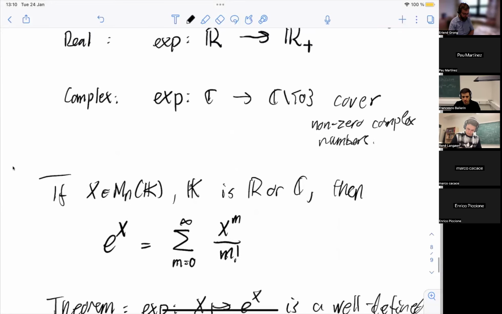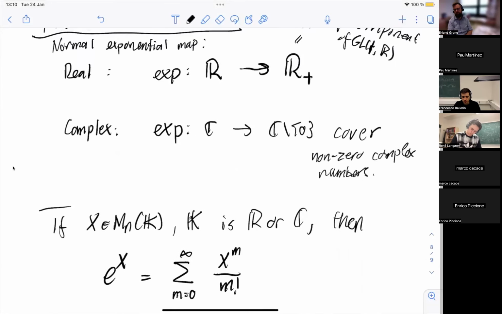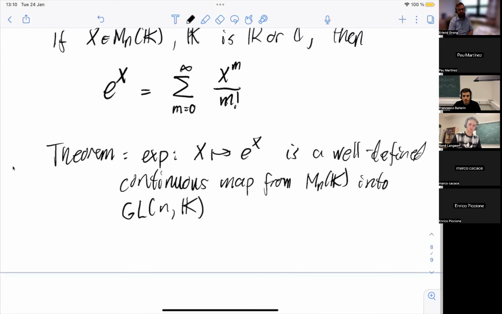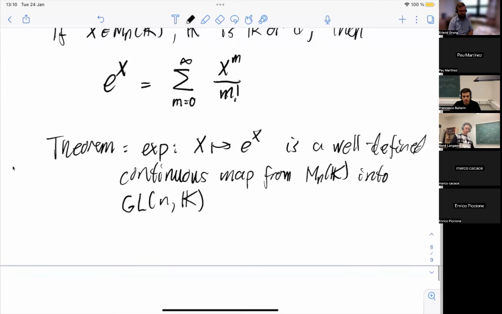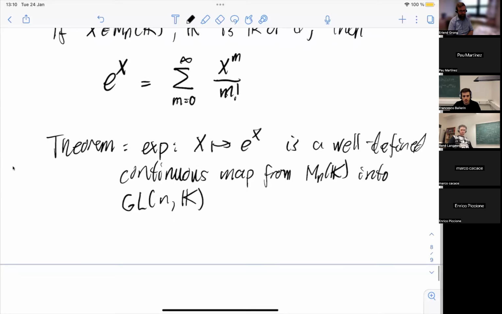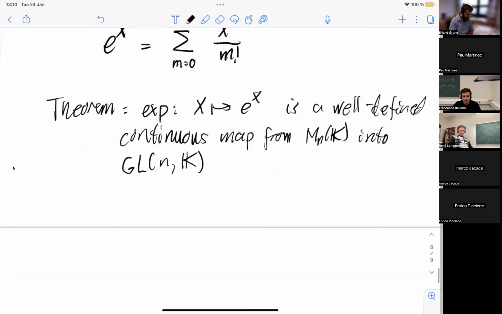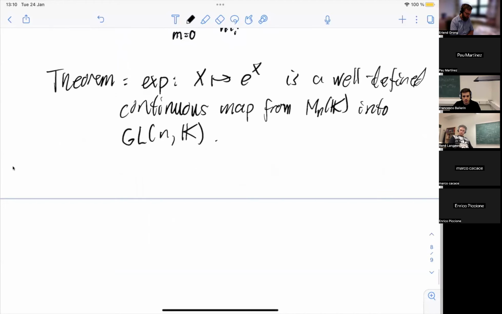So just like the exponential map here will never give you 0, taking the matrix exponential of any matrix will give you something invertible. Also, it has properties.